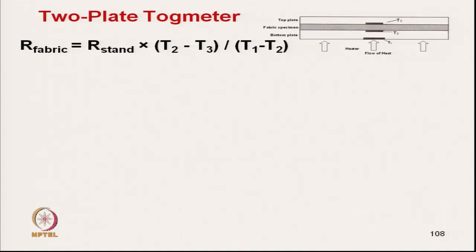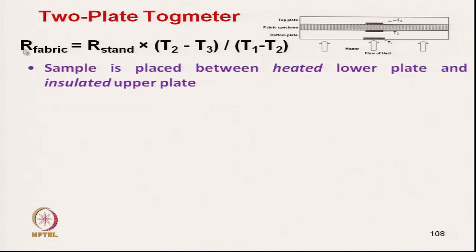As I have mentioned, the ratio of the insulation and temperature difference remains the same. That is, the insulation of the fabric, R fabric, divided by the temperature difference between the two surfaces of the fabric, T2 minus T3, is equal to R standard divided by T1 minus T2.